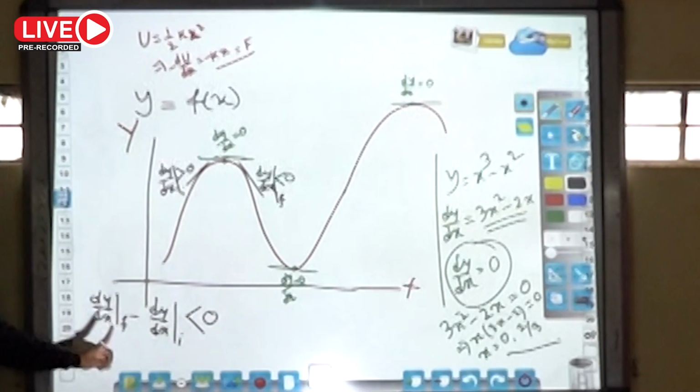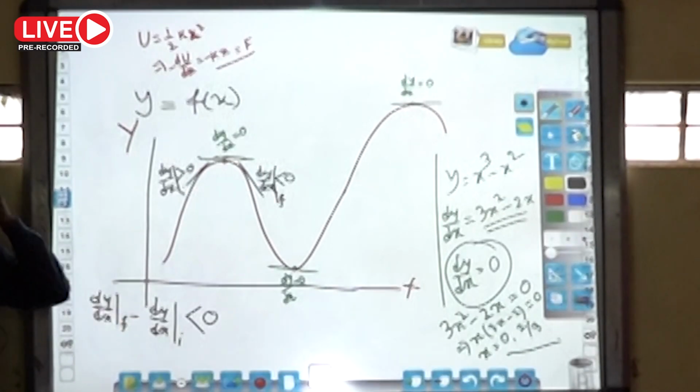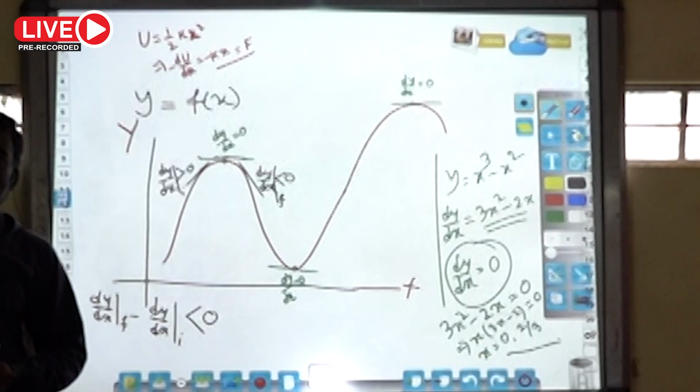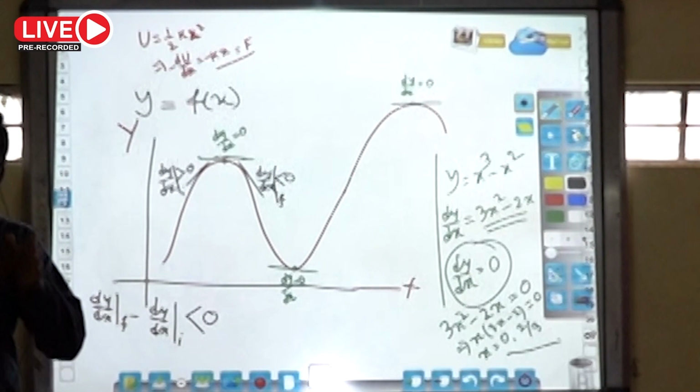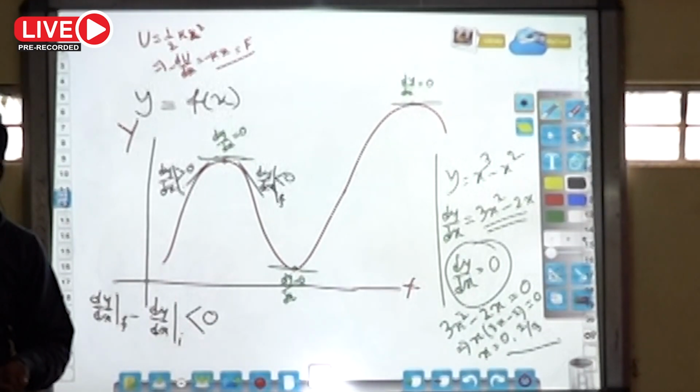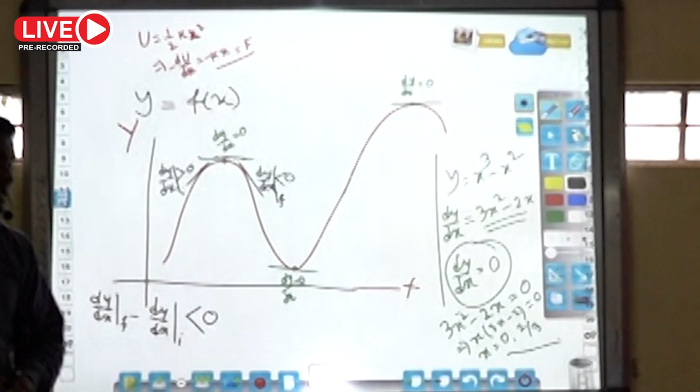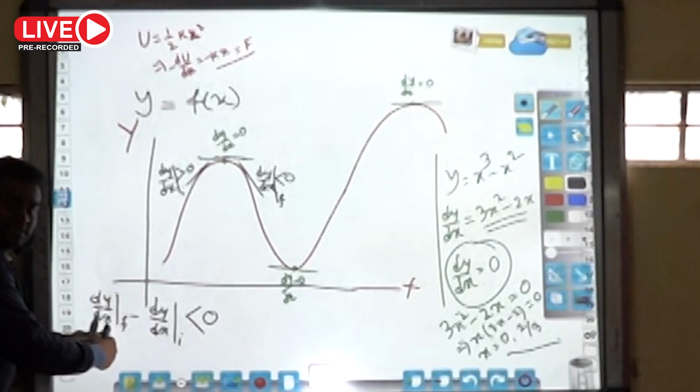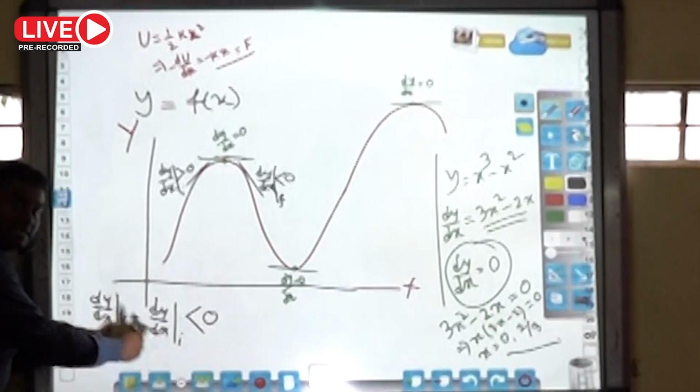Now what are you calculating? Final value of dy dx minus initial value of dy dx, means you are calculating the change in dy dx. So what is dy dx? Change in y with respect to x, and you are calculating its change. So change of change. Change of change means double derivative. Change means first derivative dy dx. You are calculating the change in the first derivative.